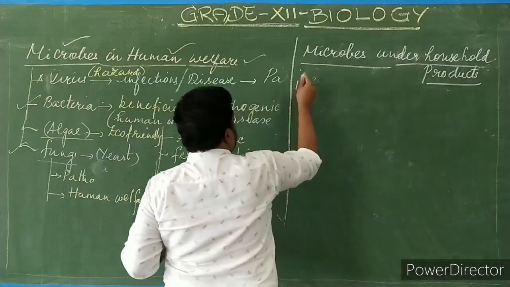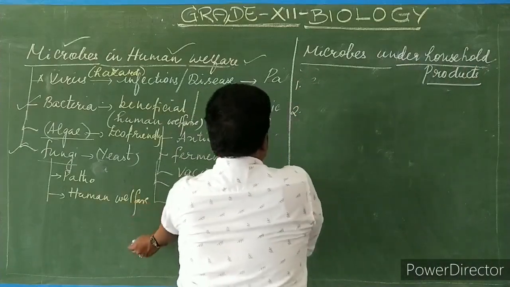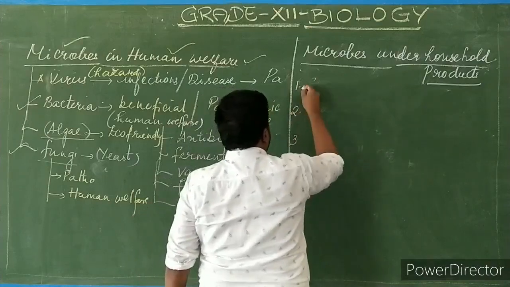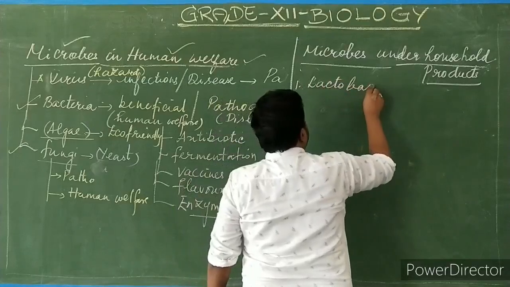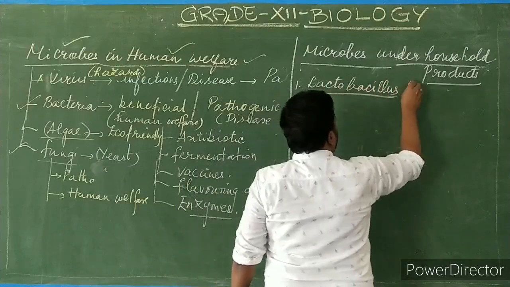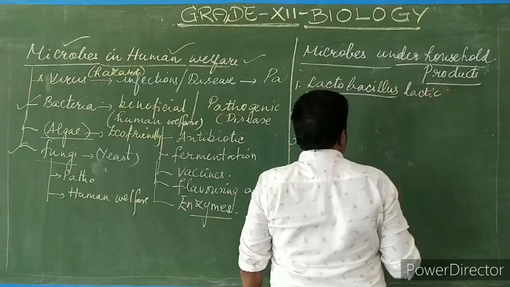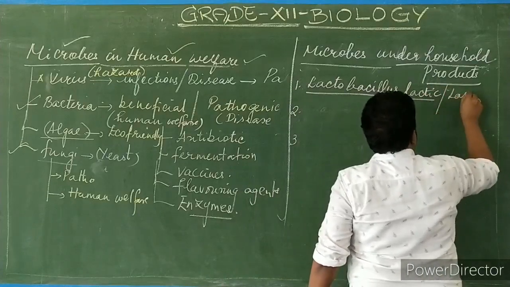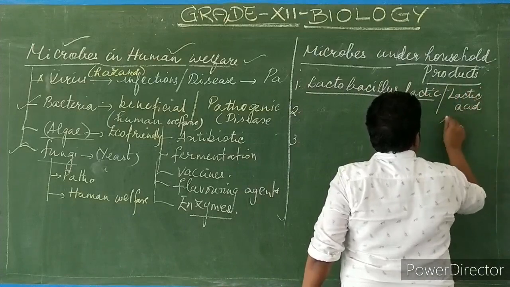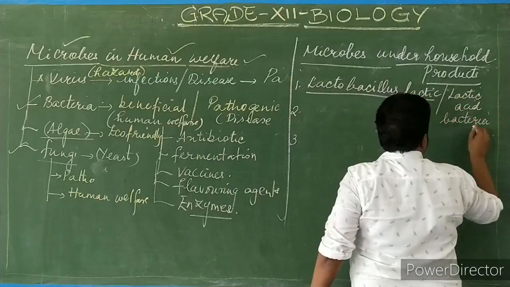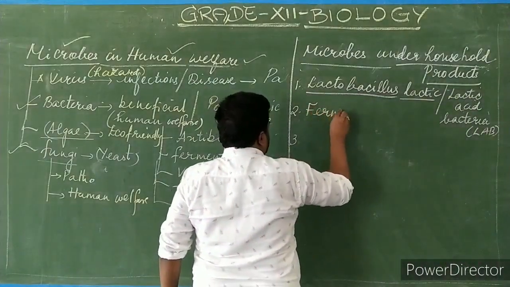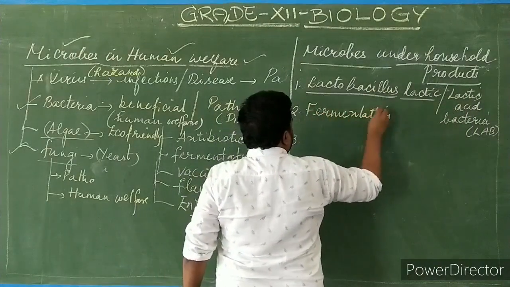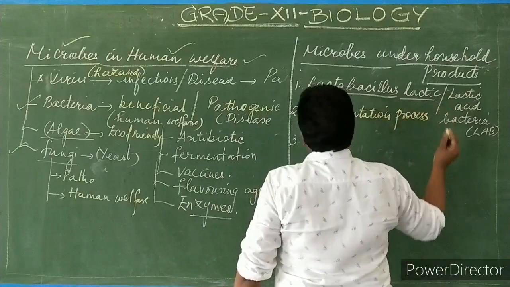The first one is in the bacteria, which we can call Lactobacillus lactis, or otherwise lactic acid bacteria, LAB. The second one is in the fermentation process.